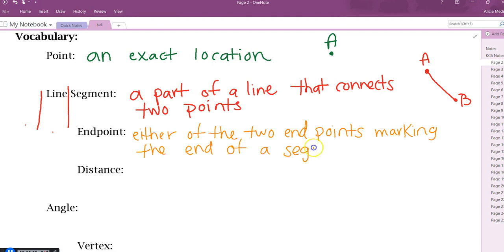So at that endpoint, it tells you it's the end of the segment. Therefore, A and B, these 2 are our endpoints. It's wherever that segment ends.